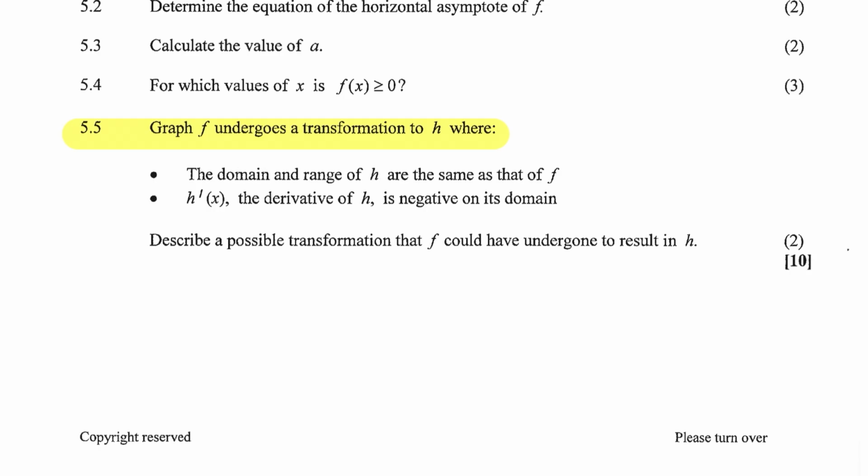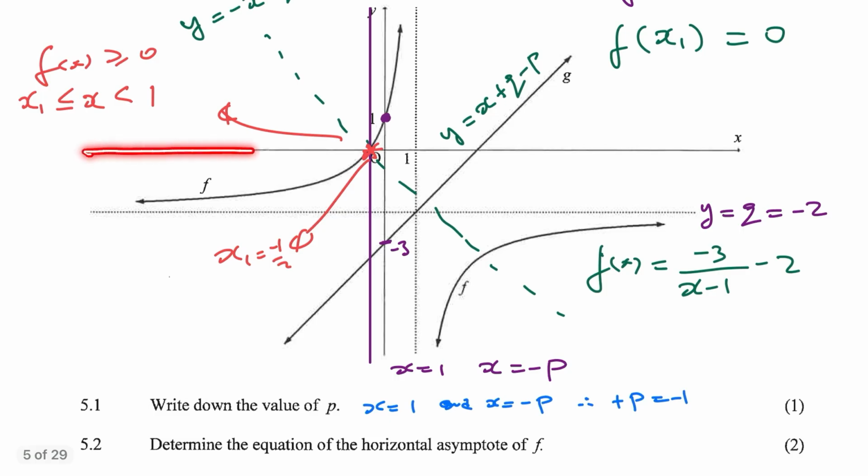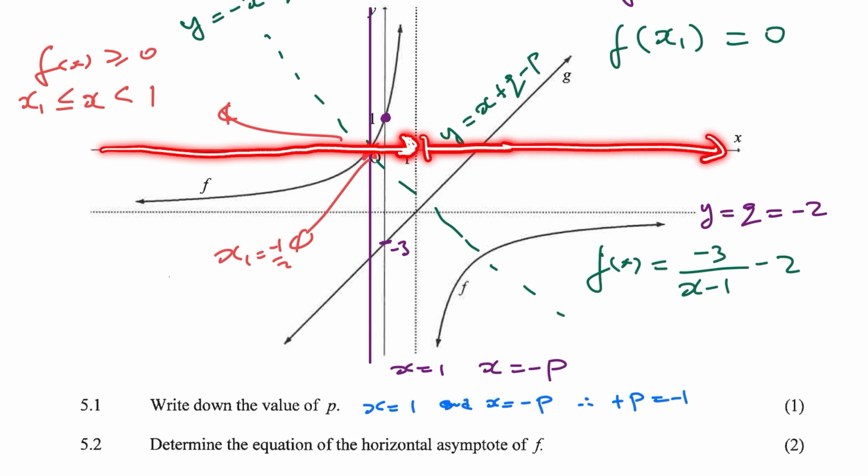So the domain of F is X, an element of... if you look at F, the domain of F, we're looking at the axis, and you see that it goes from negative infinity, and when it goes to 1, it almost skips 1 and starts again, and it goes to infinity.